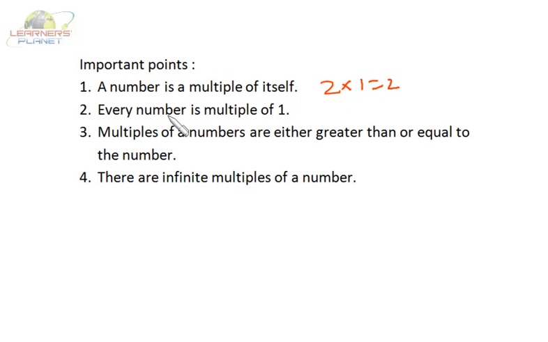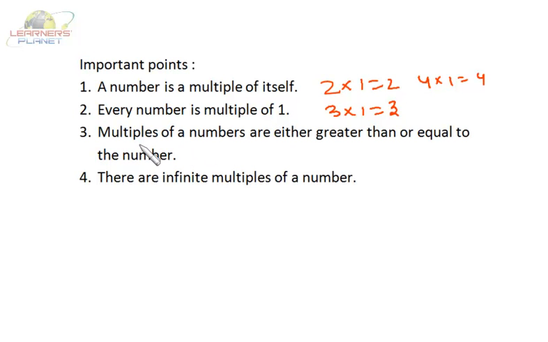And every number is a multiple of 1. See, in this case, 2 is a multiple of 1, and if we take 3 into 1, that is 3. That means 3 is a multiple of 1. Similarly, we can take 4 into 1, that's 4. That means 4 is a multiple of 1. So all the numbers are multiples of 1.